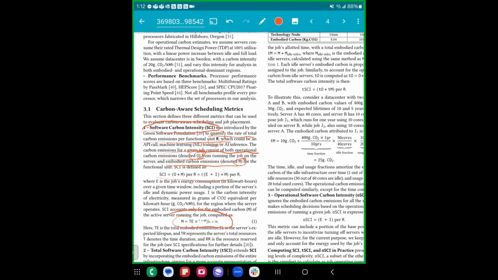Have the operational and manufacturing carbon accounted when you run software. And this paper makes a counter argument. They say it's not a good idea to actually take into account the embodied carbon emissions.